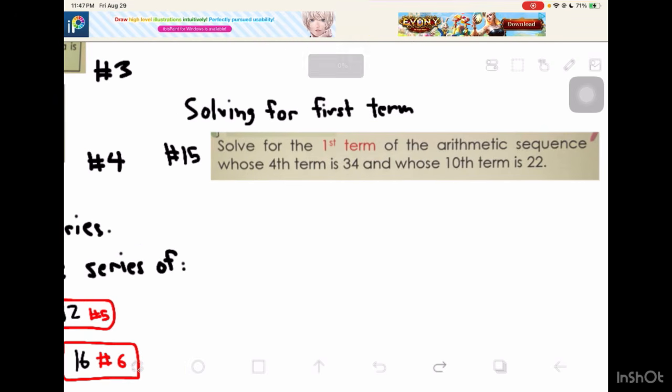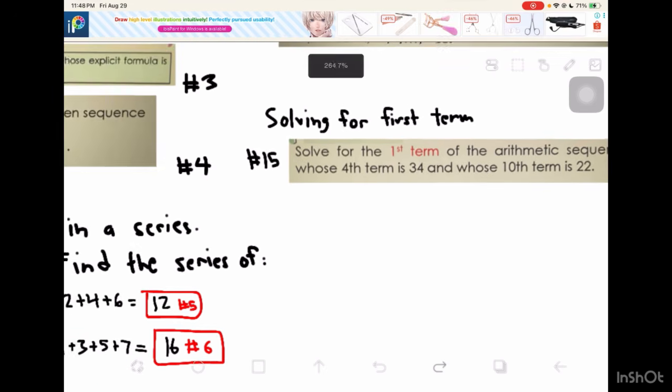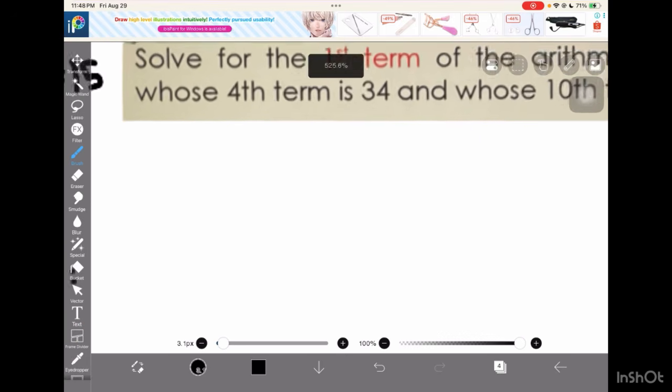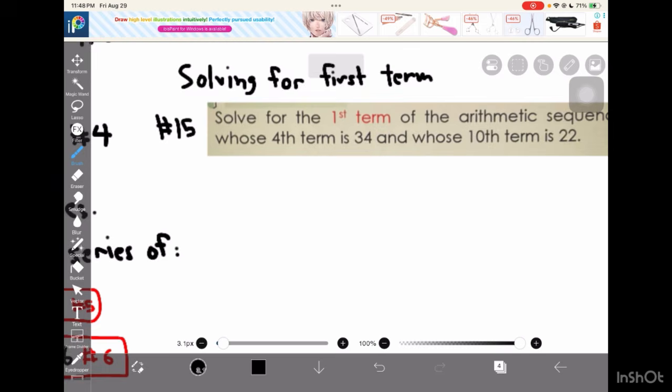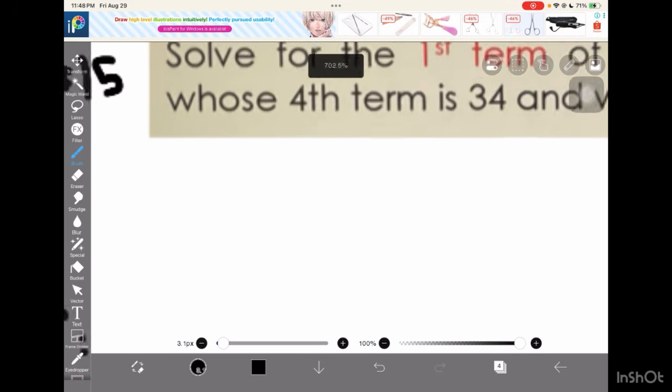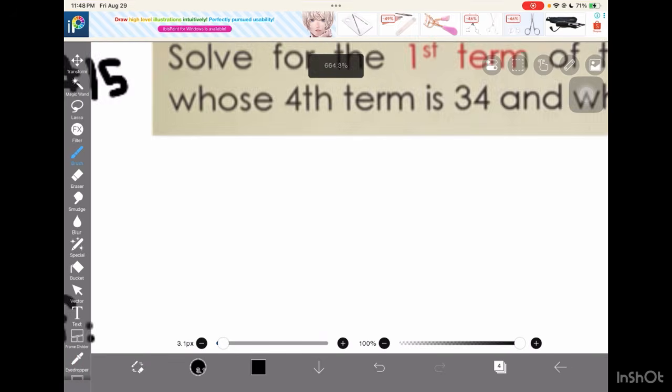So solve for the first term of an arithmetic sequence whose fourth term is 34 and whose 10th term is 22. So we do have to do a bit of analysis here. There's another shortcut to this. We have 22 over here.